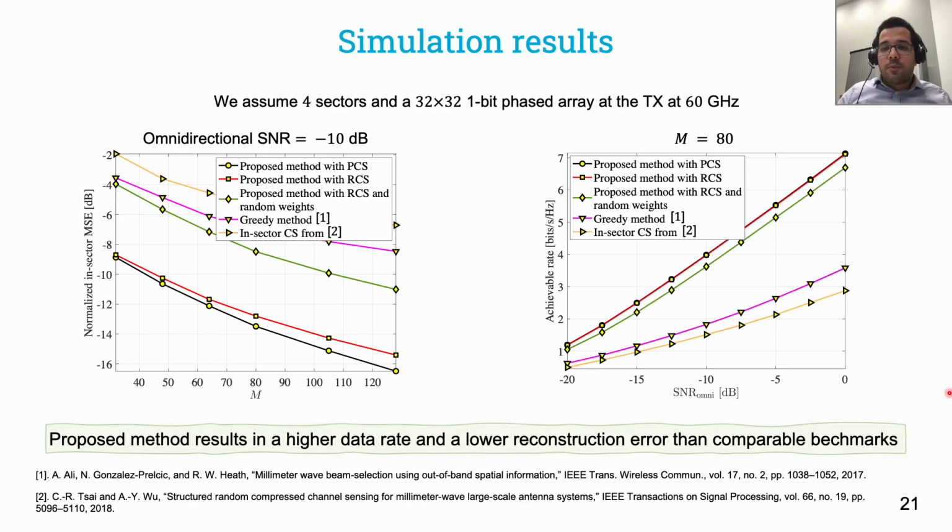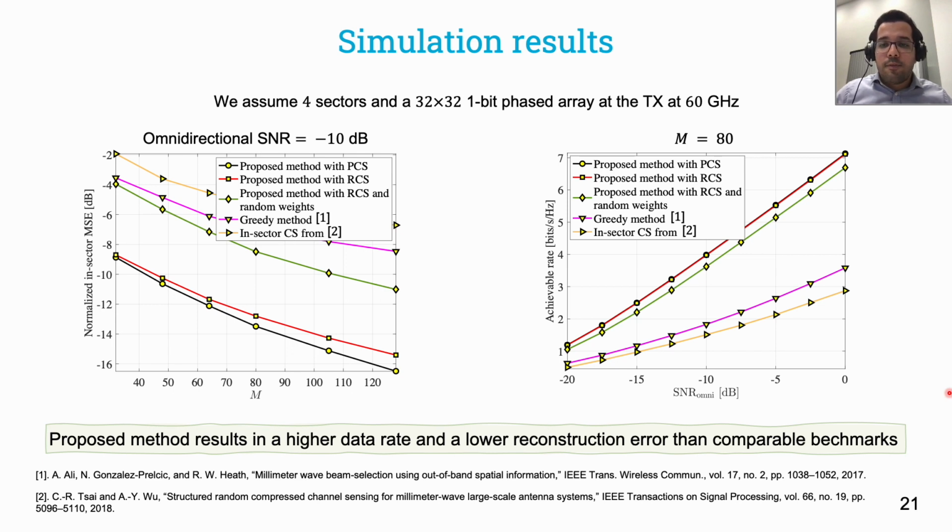For the simulations, we considered a 32 by 32 one-bit phased array at the transmitter operating at a carrier frequency of 60 GHz. In prior work, people did look at the in-sector compressed sensing problem, but they use random code words that illuminate the sector in a greedy way, which means that we end up with leakage effects outside the sector.